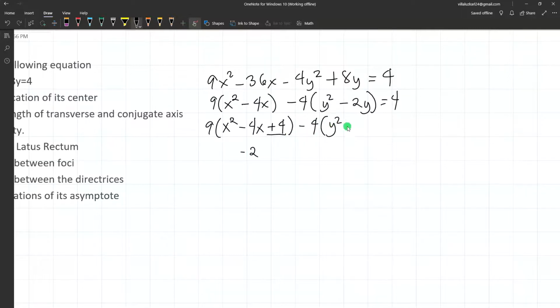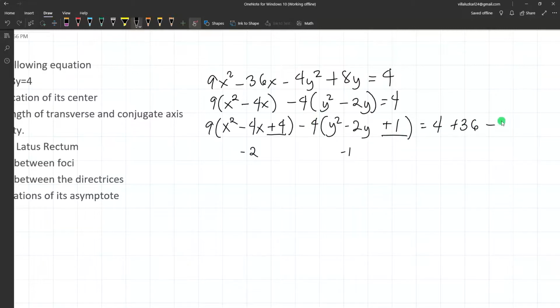The number to be added is negative 2 divided by 2, which is negative 1, and negative 1 raised to 2 is positive 1, equals 4. Then we add 4 times 9, which is 36, on the right side, since positive 4 is within the grouping where 9 is factored out. For this group we factored out negative 4, so we multiply positive 1 by negative 4. Therefore, this is minus 4.